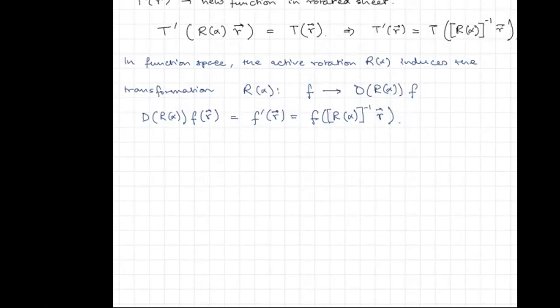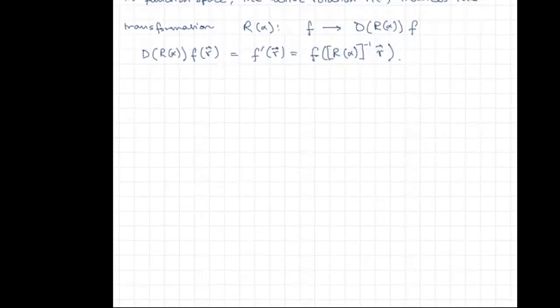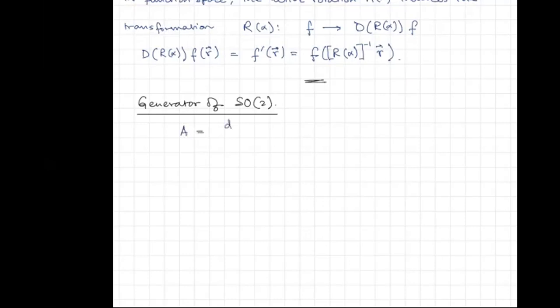As we did last time, the generator A was given by d d alpha of R of alpha at alpha equal to 0, and this just turned out to be the matrix 0, minus 1, 1, 0.